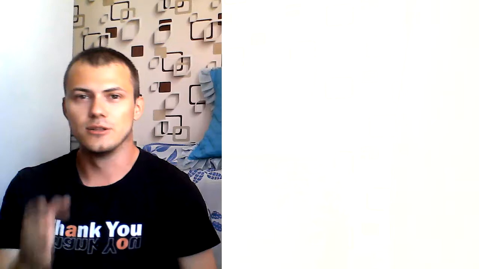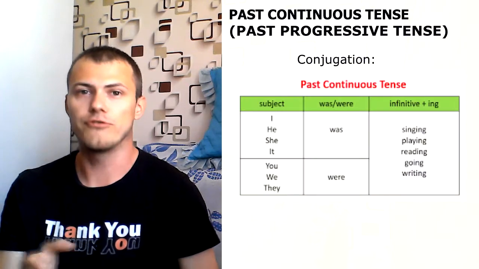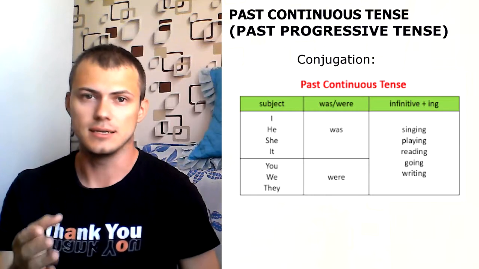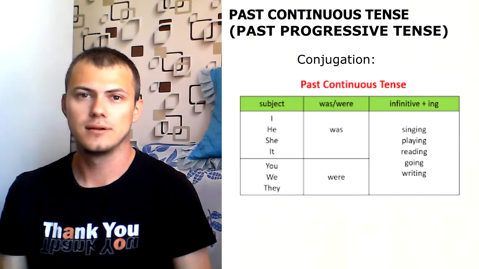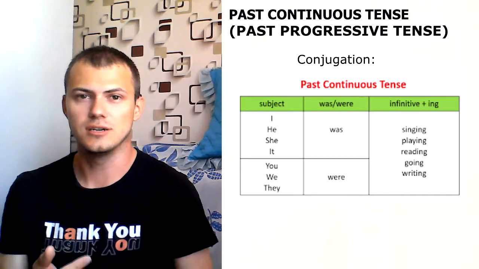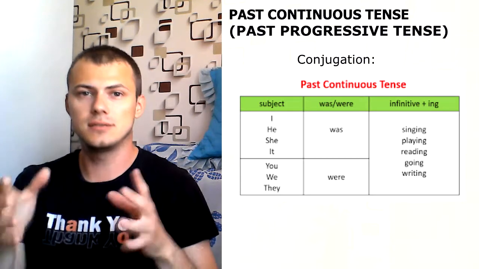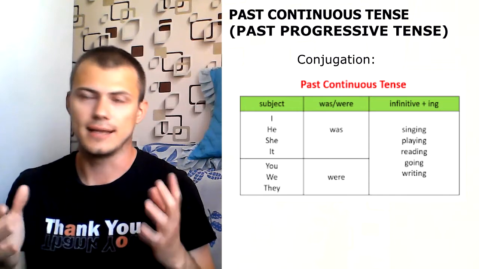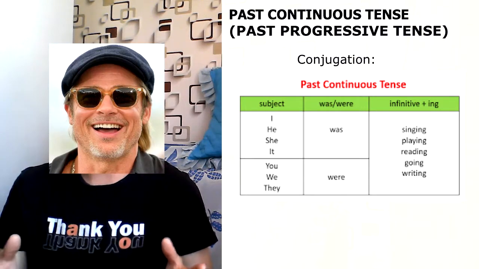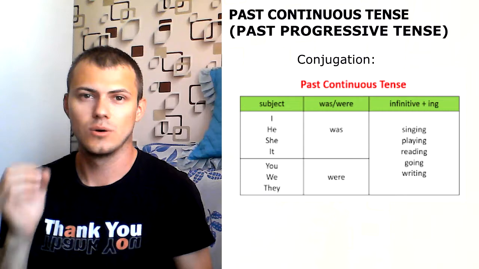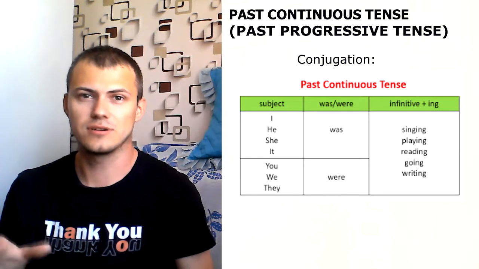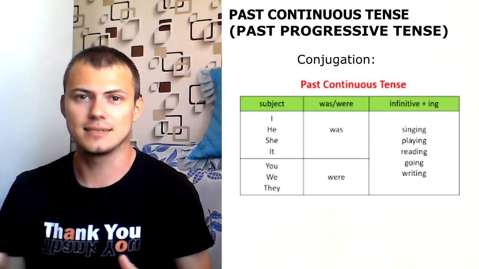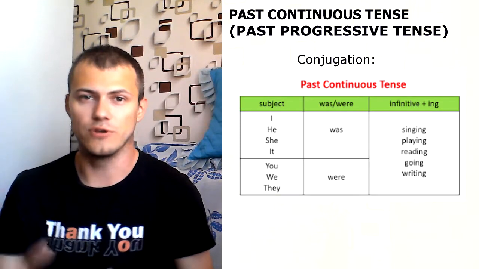Let's take a look at the conjugation of the past continuous. So, when the subject is I, he, she, it, or any singular noun, for example, a dog, a cat, a table, Brad Pitt, we should use was after the subject of the sentence and before a main verb.